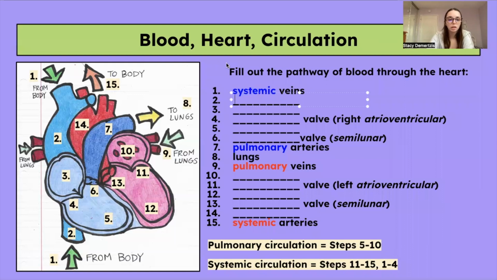And you can use the diagram to the left to help you. Okay, so I see vena cava. So we have a superior and an inferior vena cava. So we see number 2, we talk about 2 places, the superior and inferior vena cava.